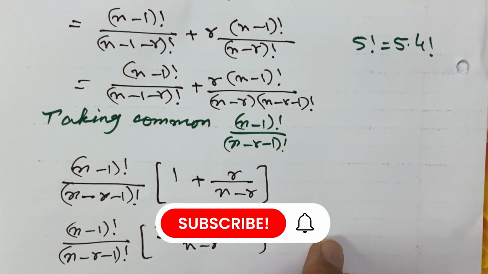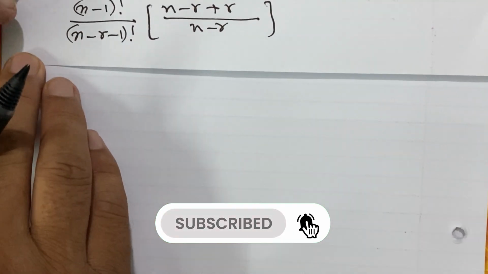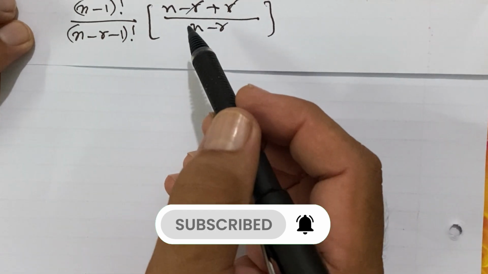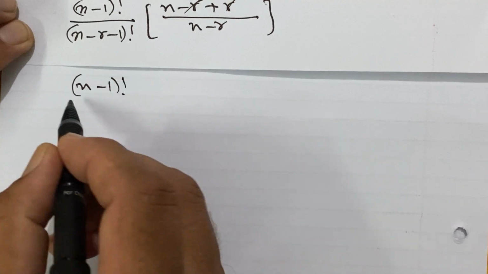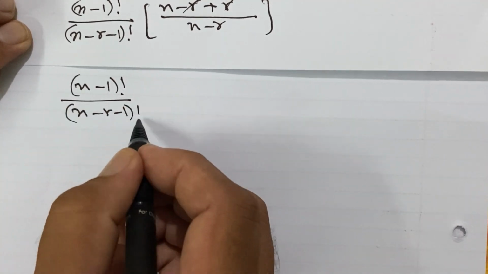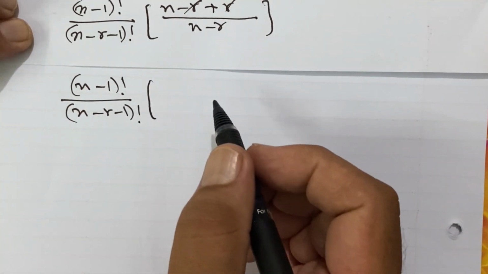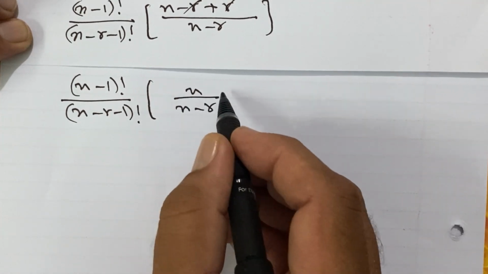Now it becomes, this r is cancelled with this, (n minus 1) factorial over (n minus r minus 1) factorial into n over n minus r.